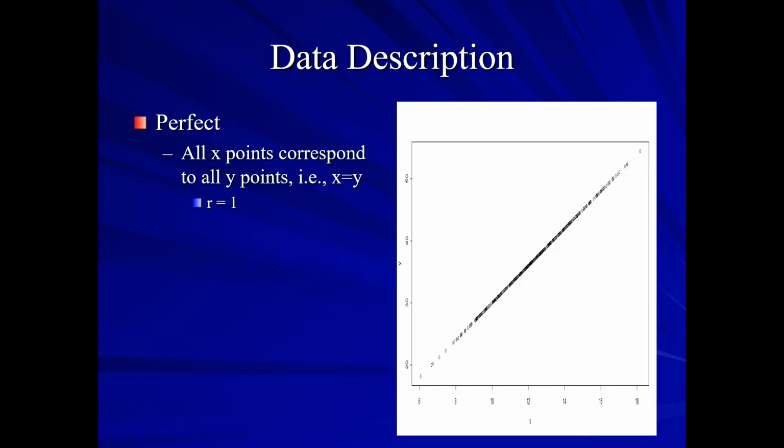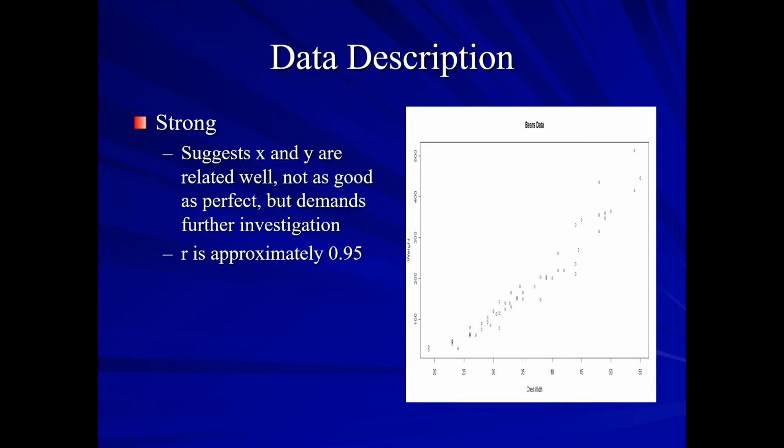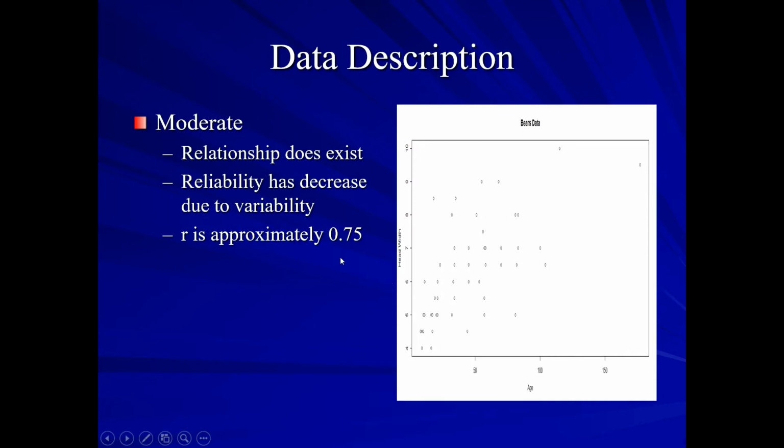So perfect correlation, here my correlation value is 1. So I've got perfect, I've got linear, and I've got positive. For strong, here I've got a correlation of approximately 0.95. So this is still positive, it's strong, it's linear. With this correlation of 0.75, notice it's getting a little bit harder to determine the trend.